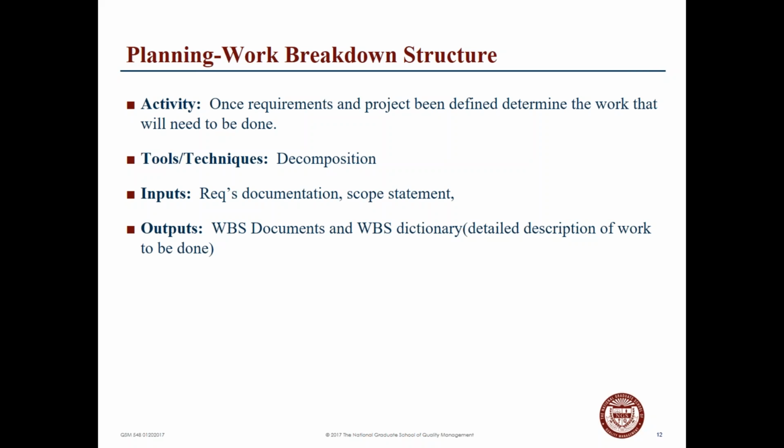So you look at the requirements documentation and your scope statement, and then you begin to build the structure of the WBS and the dictionary, which details the description of work that's to be done, who's to do it, the time frame it's to be done in, and what are those resources that are needed to do the work.